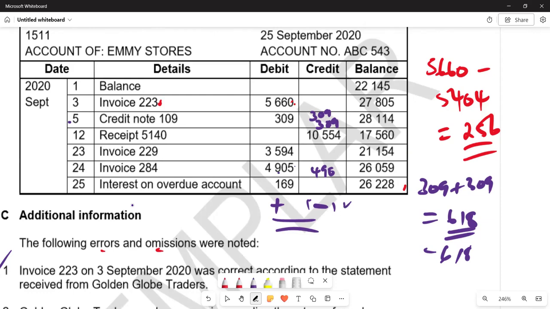So the amount that we are having there is our 490.